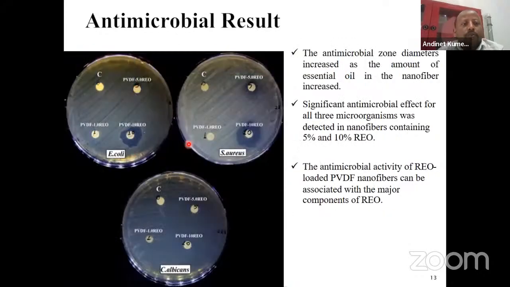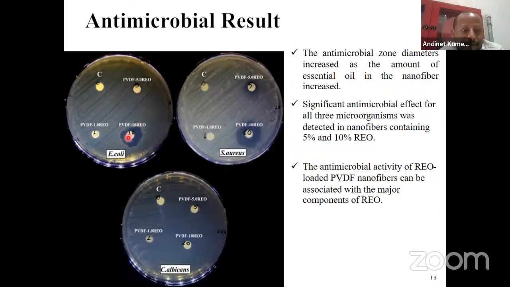And when we go to the antimicrobial test, based on the disk diffusion, the antimicrobial zone diameter, as can be observed, increases with the increment in the concentration of oil.